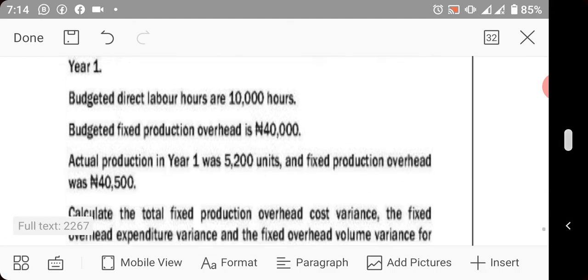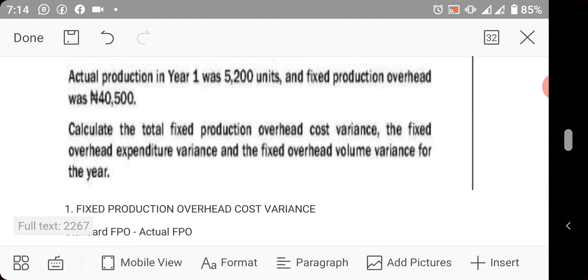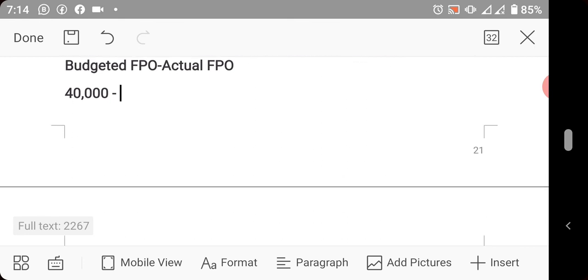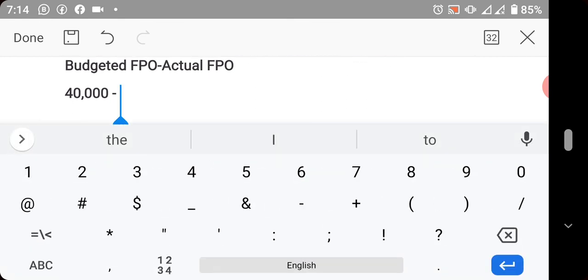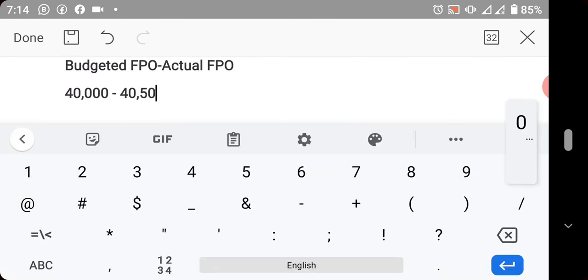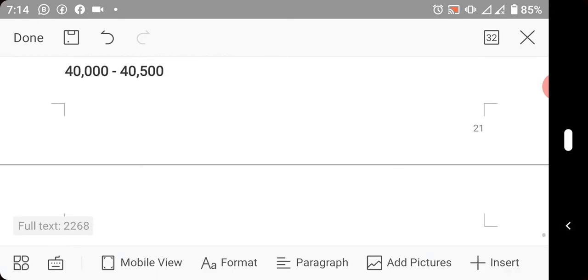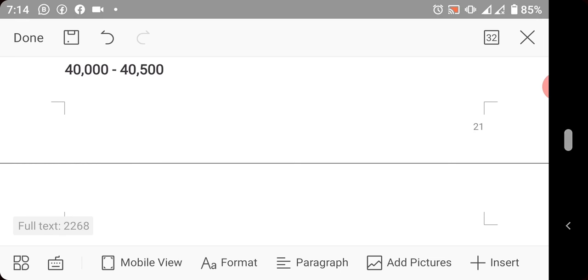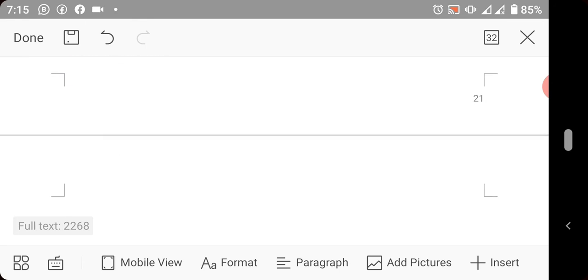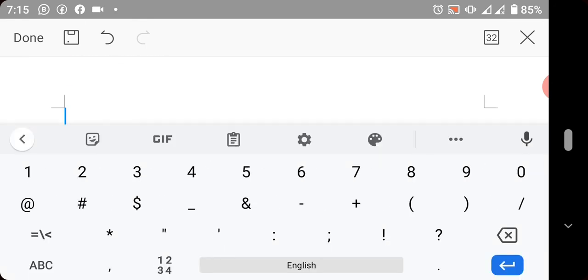The actual fixed production overhead was 40,500. That one is the actual. So now you had a budget of 40,000 and you had actual of 40,500. The answer will give you 500 naira. That is the answer, 500 naira.